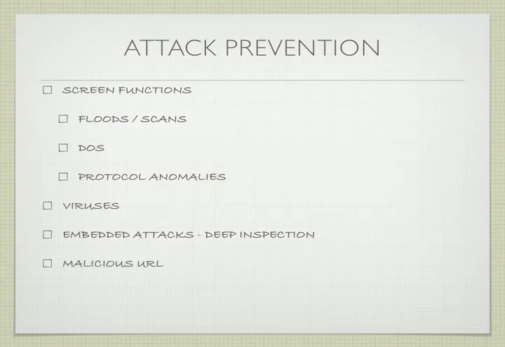And finally, there's URL filtering available on ScreenOS through a number of methods. You can do WebSense forwarding, you can use the web URL in a cloud type service, or you can configure whitelists and blacklists directly on the firewall.